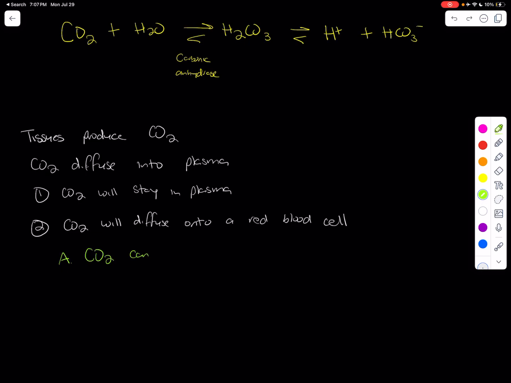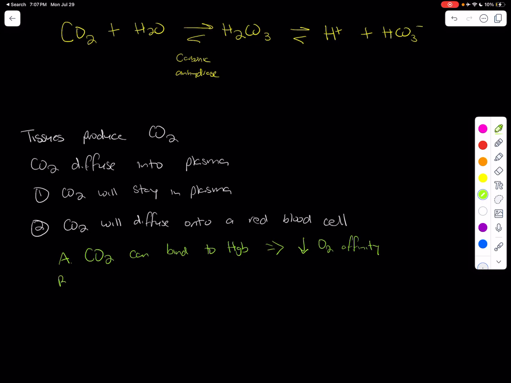Hemoglobin is HGB, so this is carbaminohemoglobin. And remember, when this happens, that means there's decreased oxygen affinity, because the carbon dioxide makes it more difficult for oxygen to bind to hemoglobin.